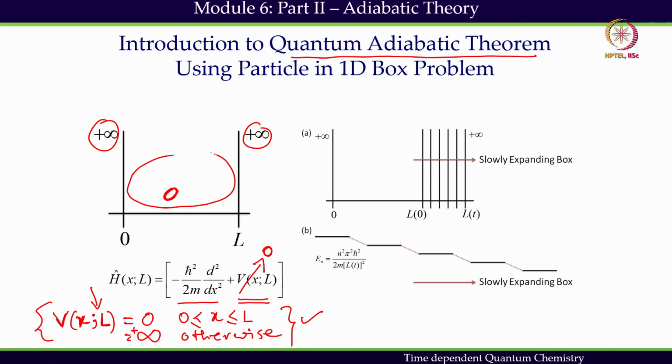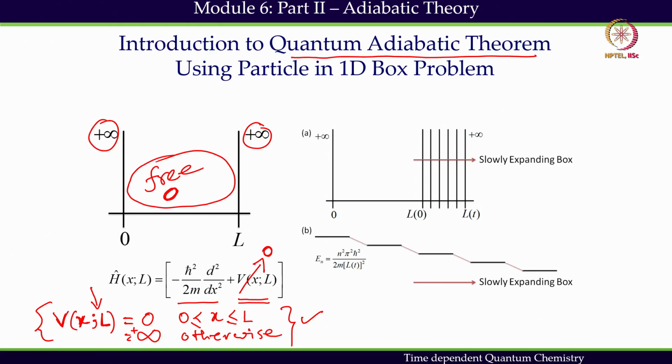So inside the box it is a free particle, but it is confined within the box. Outside the box you have infinite potential. That infinite potential prevents its escape from the box, so the particle cannot go outside the box because of the infinite potential.